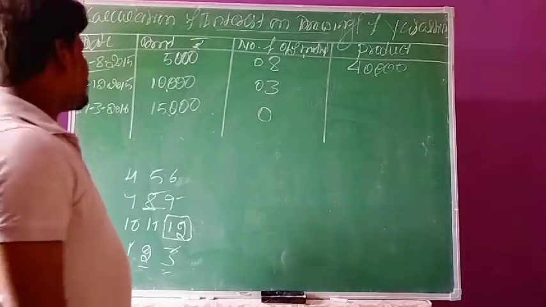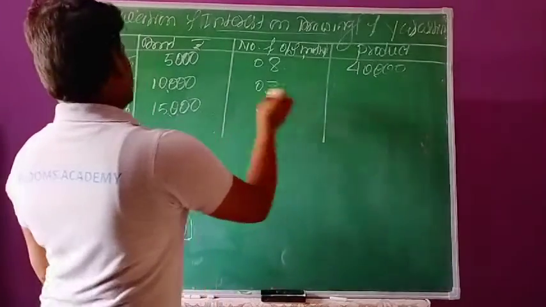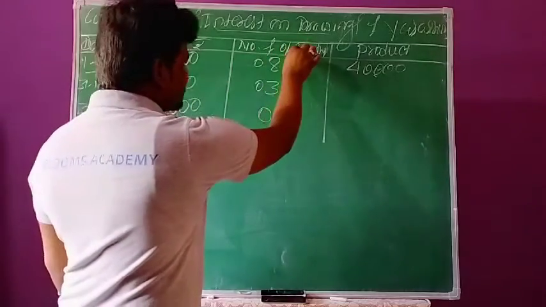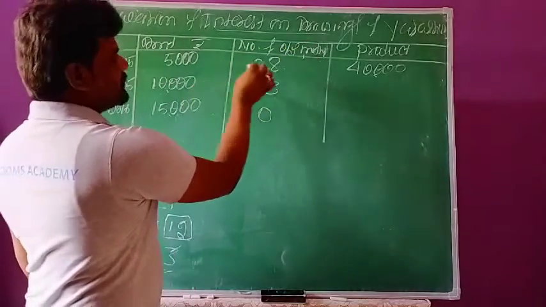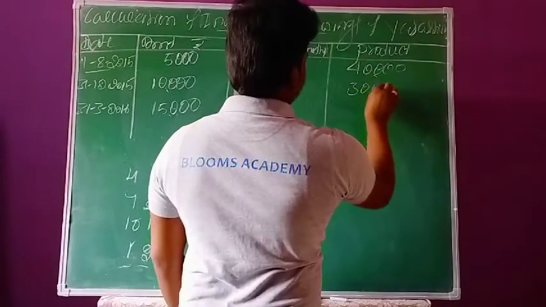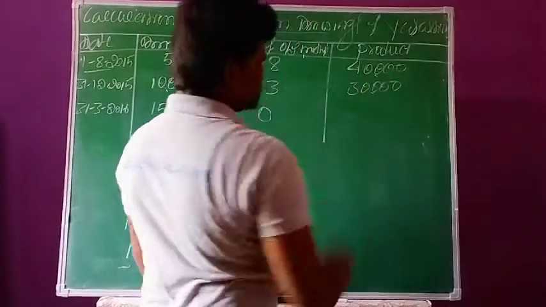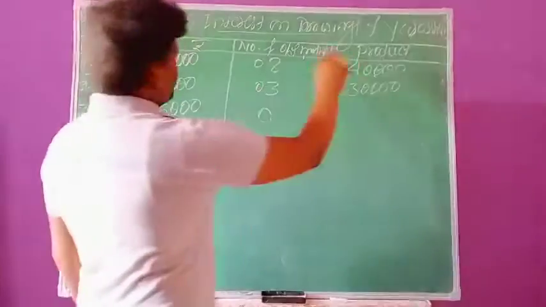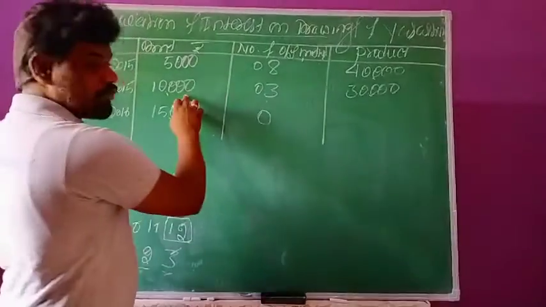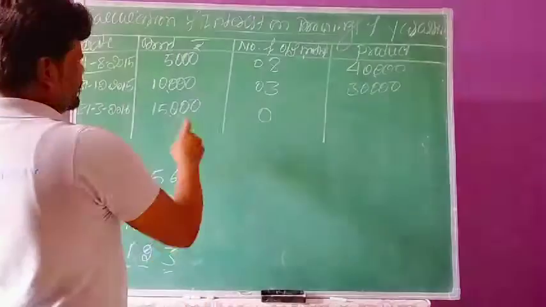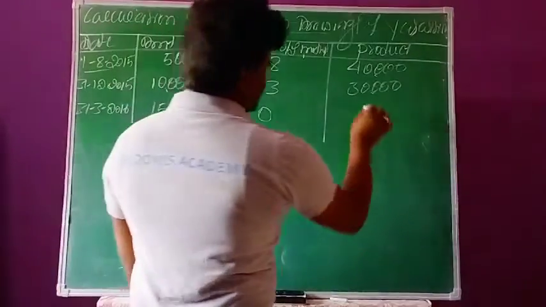Similarly, for the next date, the drawings are 10,000 and the outstanding period is 3. 10,000 into 3 gives 30,000. So 5,000 into 8 gives 40,000, and 10,000 into 3 gives 30,000. The next, 15,000 into 0 gives 0 only.